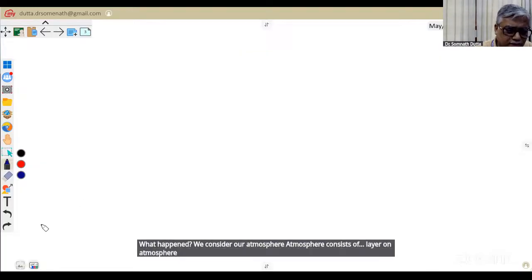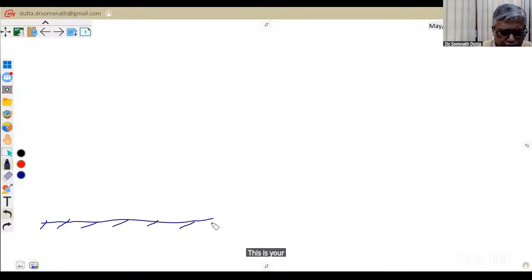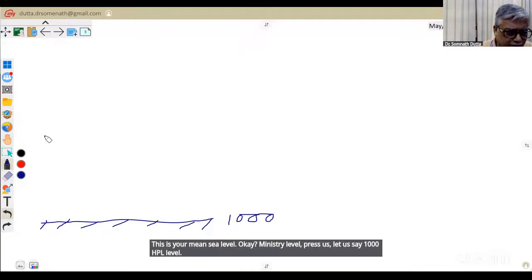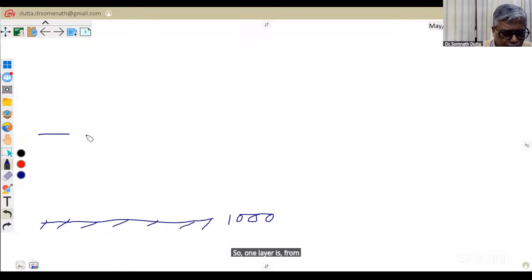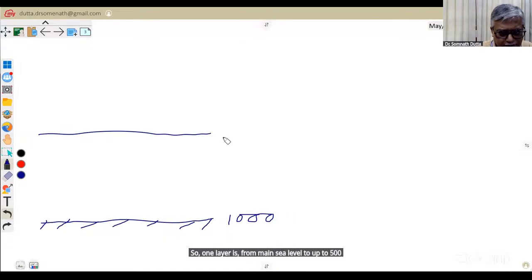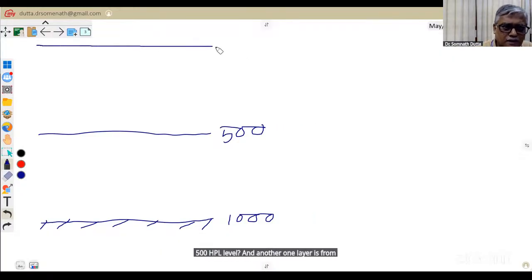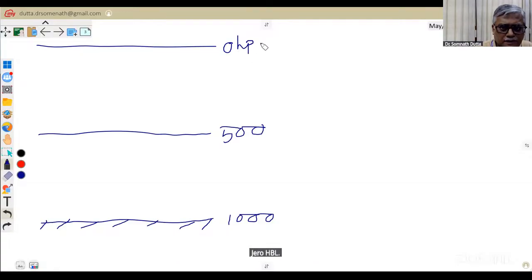Suppose this is your ground, this is your mean sea level, pressure let us say 1000 hPa level. So one layer is from mean sea level up to 500 hPa level, and another layer is from 500 hPa level to 0 hPa level. So these are the two layers of the atmosphere.